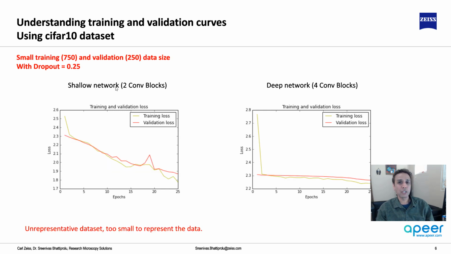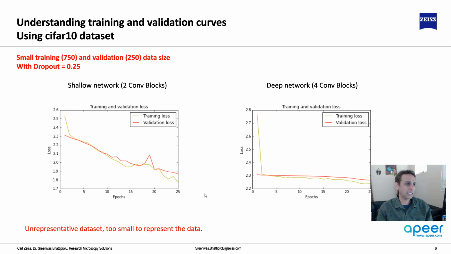Now let's look at smaller training data. It's exactly the same data set, except I only took 1,000 data points and split it into 750 for training and 250 for validation, with a dropout of 0.25 or 25%, because we know 25% is a good dropout. It seems to be training okay, but maybe I need a few more epochs here, but obviously it's not great. Especially with a deeper network, you have limited training data but a deep network trying to adjust millions of weights with thousands of data points.